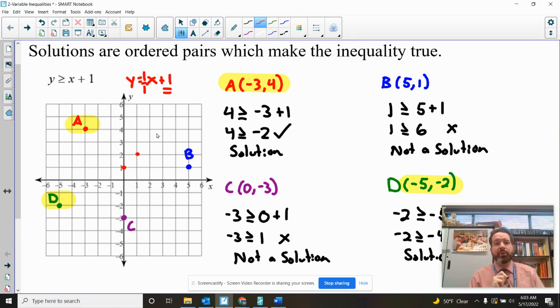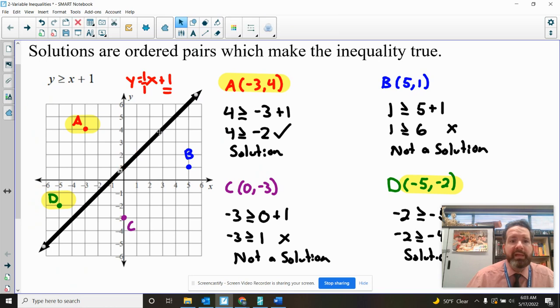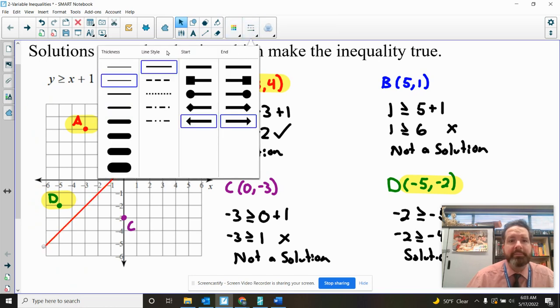Once you've got more than one point, you can now draw your line between them. I'm going to take advantage of my line drawing tool, which I use to draw lines. Now this line's a little bit too big for my taste, so I'm going to make it red and a little thinner.